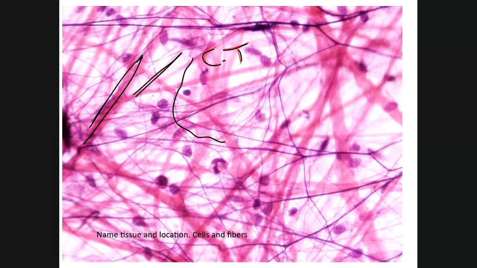The cells that you need to remember of areolar connective tissue were fibroblasts. The function is the support of epithelial tissue above. The location could be the lamina propria, which is the layer of areolar tissue below epithelial tissue.